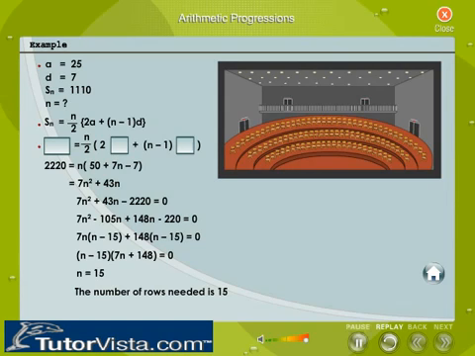We reject the negative value. We find that 15 rows are needed to seat 1110 people in the auditorium.